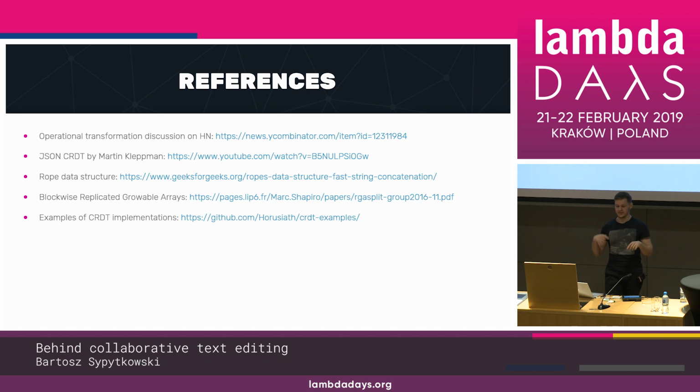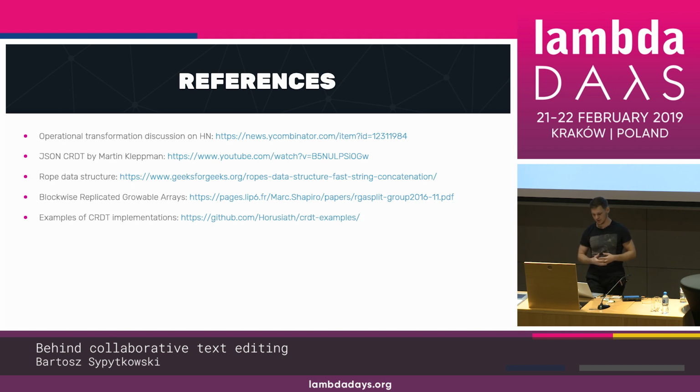Here are the references. The reference to the full Hacker News talk related to operational transformations. There's also conflict-free replicated data types for the JSON data type, which was introduced by Martin Kleppmann. If you are familiar with Designing Data-Intensive Applications, it's his book, and he actually proposed a library in JavaScript called Automerge, which allows you to build conflict-free replicated JSONs in JavaScript.